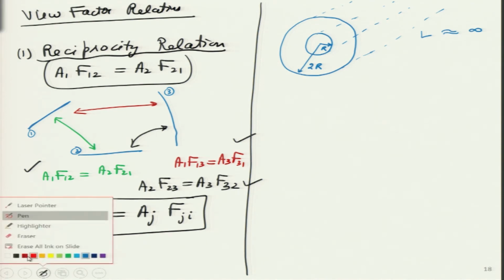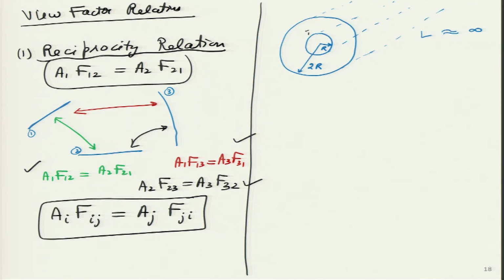The inner pipe I will call surface 1, and the outer pipe I will call surface 2. Here, if I apply the reciprocity relation between pipe 1 and pipe 2, we want to figure out if we can apply it over here.